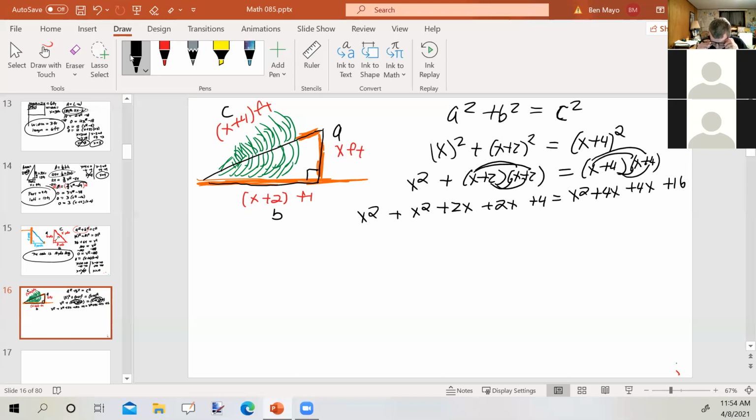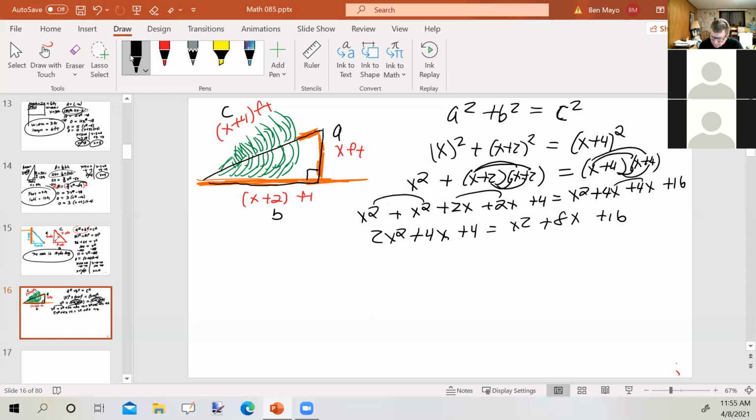Okay, combining like terms, on the left side of the equation, we get 2x squared plus 4x plus 4 equals x squared plus 8x plus 16. I can see that this is a second degree equation, so I want to put everything on one side of the equation set equal to 0 on the other side.